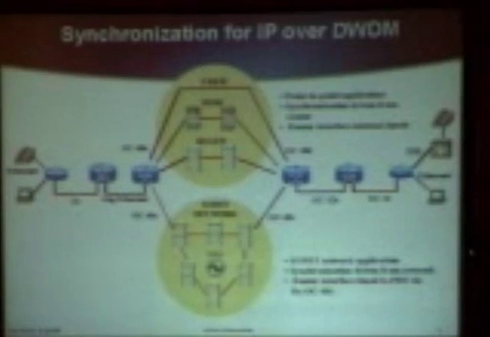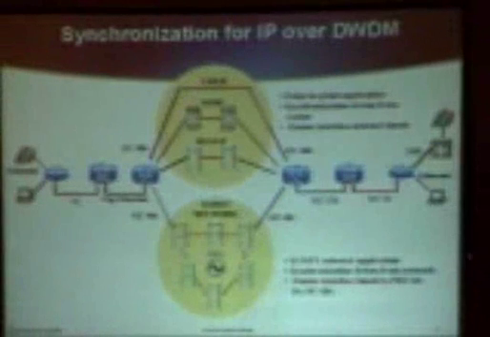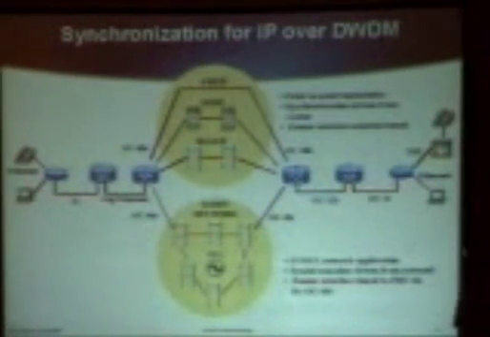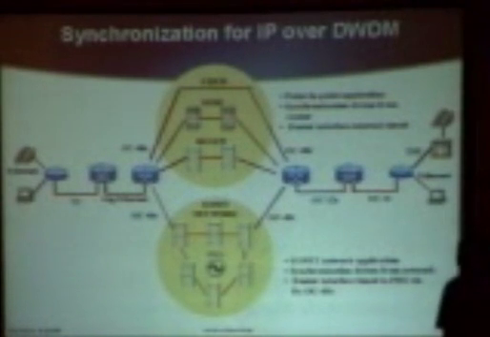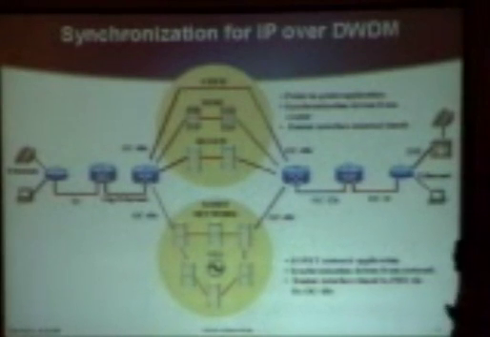So we saw a very tight timing synchronization plan to do time slot extraction through the ADMs. Well, that's not the way IP over DWDM tends to get implemented now. IP over DWDM tends to be implemented as a point-to-point connection to build up either a partial or a full mesh between your router connects.